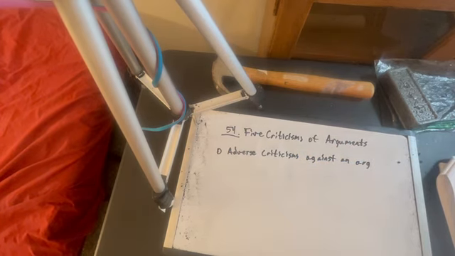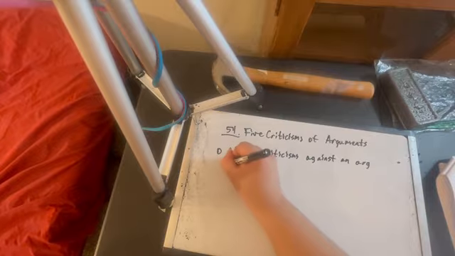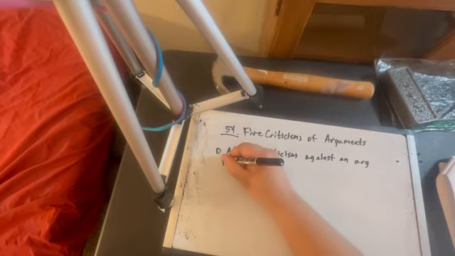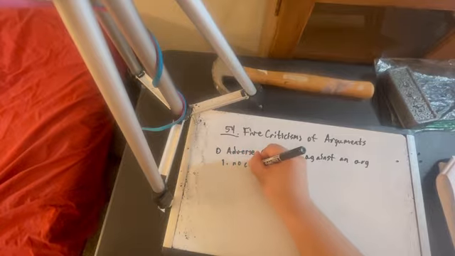Aristotle gives 5 kinds of adverse criticism against an argument, the first of which is, well, no conclusion follows.